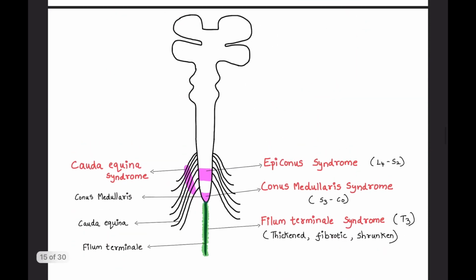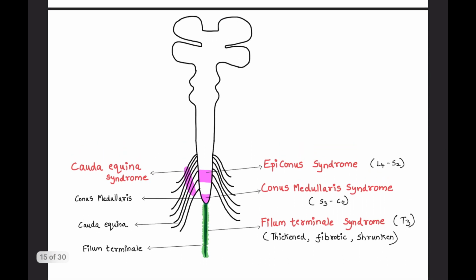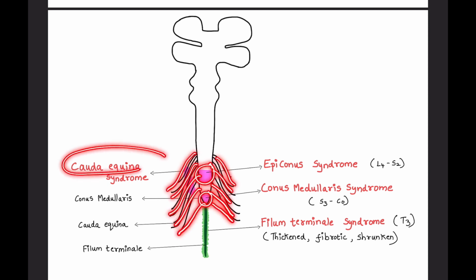In the next case, the lower tip of the spinal cord is known as the Conus Medullaris. Above the Conus Medullaris you have the epiconus. On the sides there are bundles of nerve fibers, both sensory and motor, coming out, and this bundle is known as the Cauda Equina.